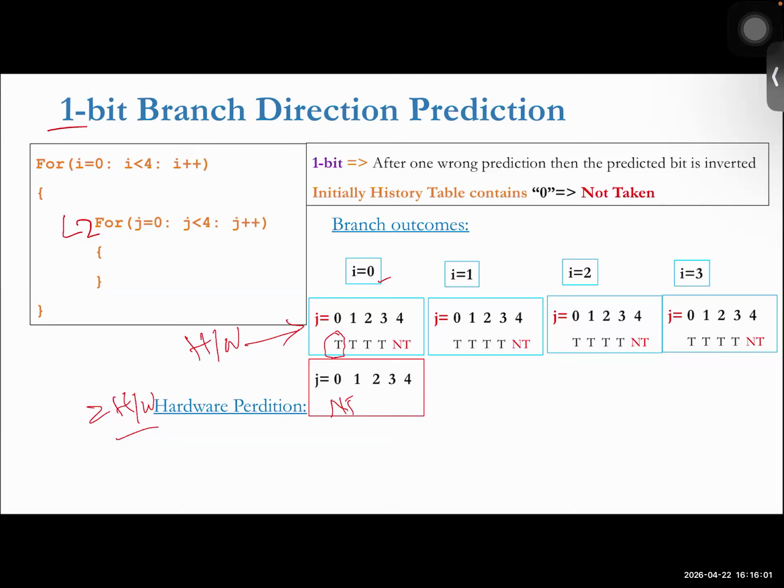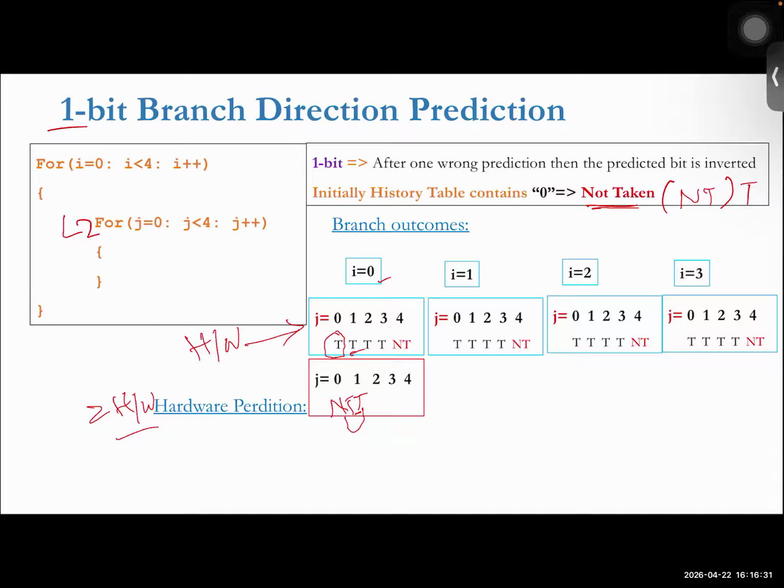That means from not taken, I'm using the terminology here, NT means not taken and T means taken. So it inverts the bit from NT to taken and then compares the prediction with the actual outcome. At j equal to 1, the branch is taken and the prediction is also taken, so there is a correct prediction.